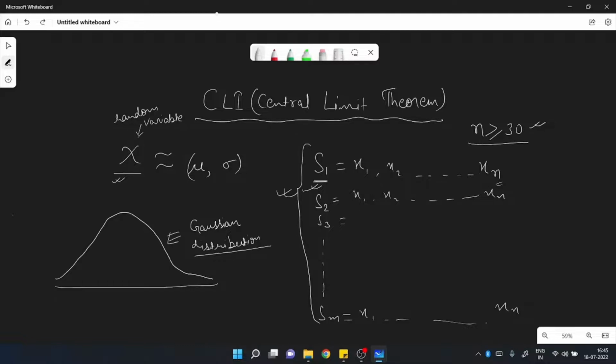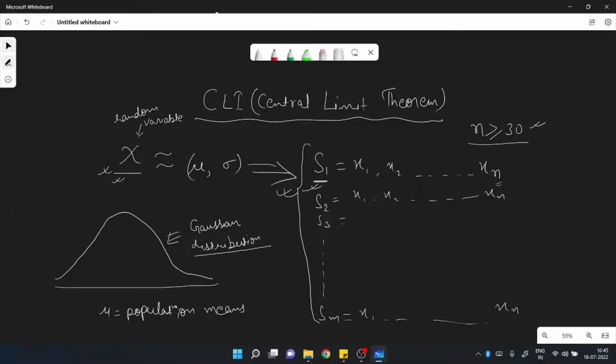And this distribution's mean will always be equal to the population mean, that is, the mean of this random variable, because within this random variable only we took out all these samples.